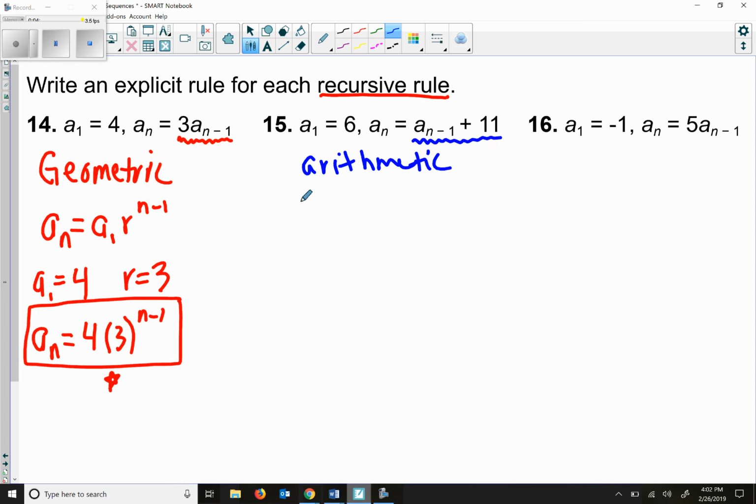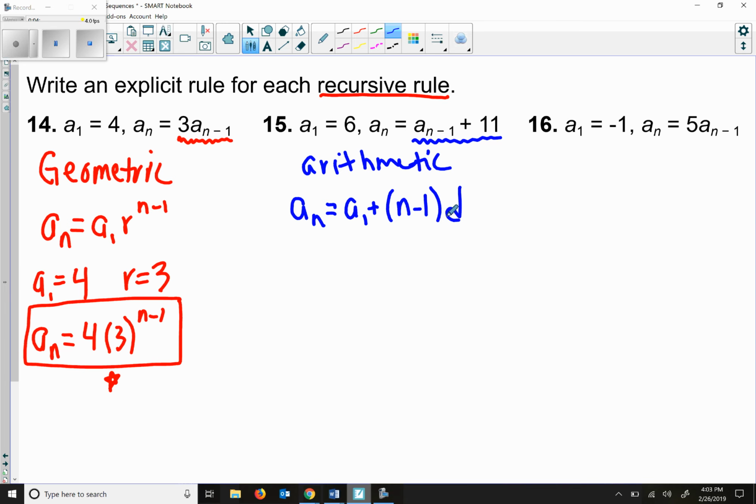Now, for the arithmetic, the formula that we have to use, and this was a while ago, so this might not be something that you fully remember talking about, but this is when we were talking about arithmetic sequences and series. We're going to use the formula of a sub 1 plus, and then we're going to do n minus 1 times that common difference.